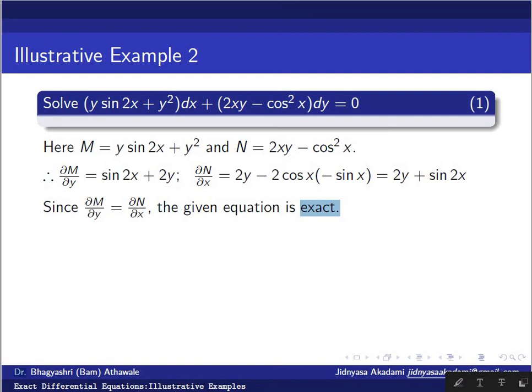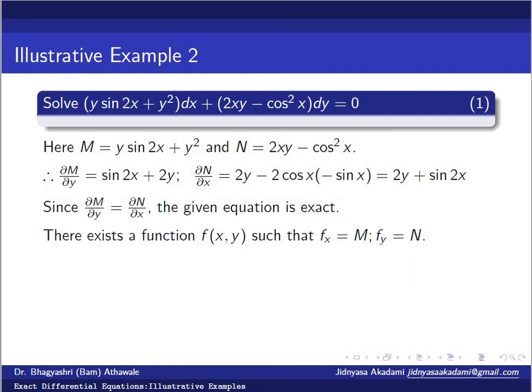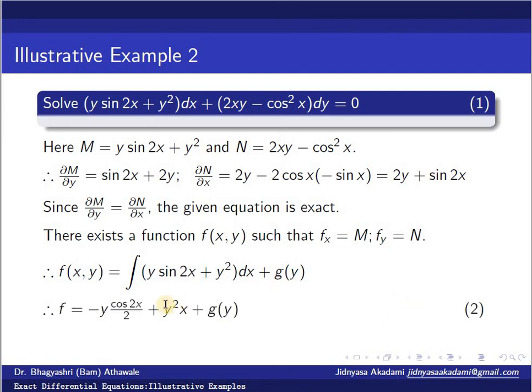There exists a function f such that del f by del x is m and del f by del y is n. So my f is the integration of m, that is y sin 2x plus y square, with respect to dx, plus g of y. Integrating the first term, keeping y constant, the integration of sin 2x is minus cos 2x by 2, and the integration of y square is y square x, plus g of y.